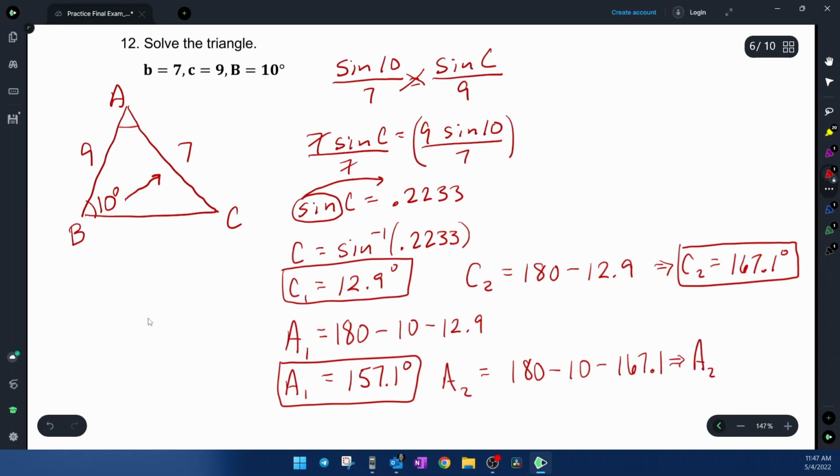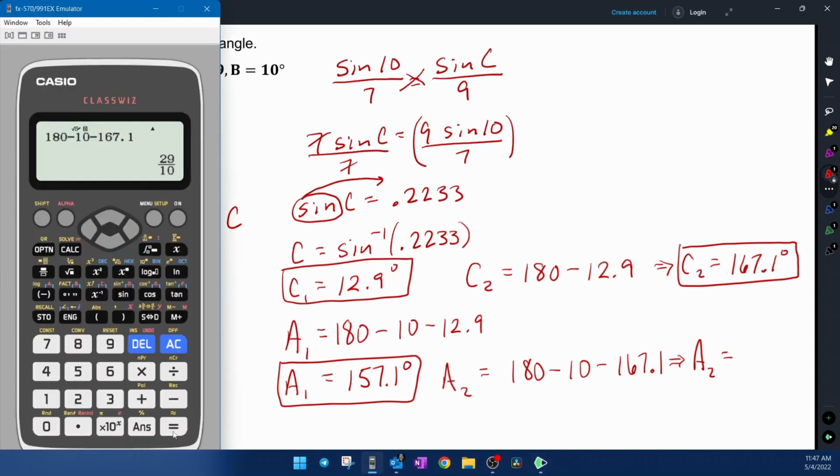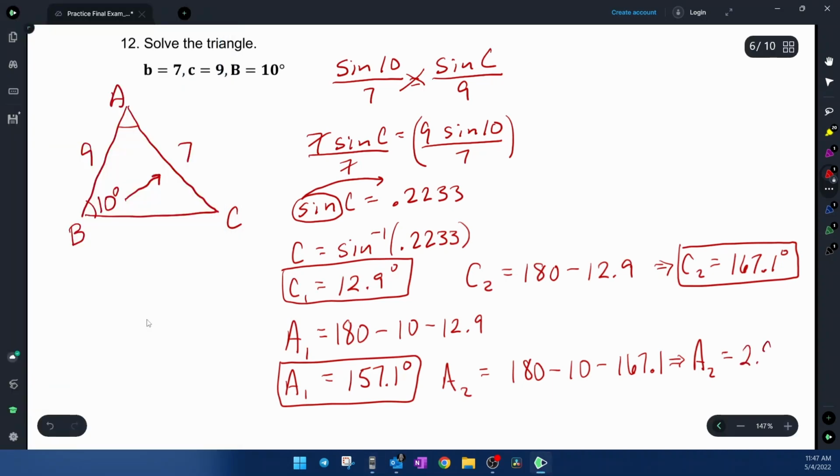So if this calculation ends up being 0 or a negative number, we will only have one set of answers. And on our calculator, we did get a positive result. So there are going to be two sets of answers, and angle A2 is going to be 2.9 degrees.